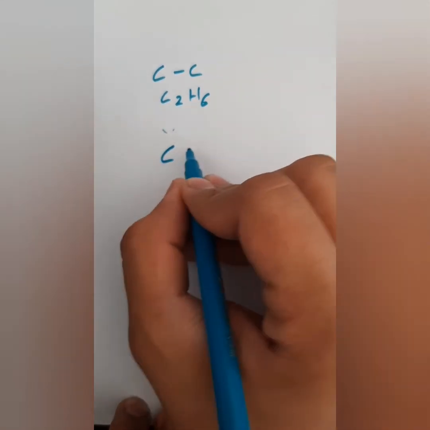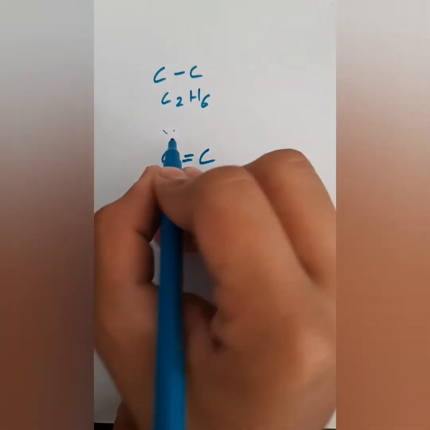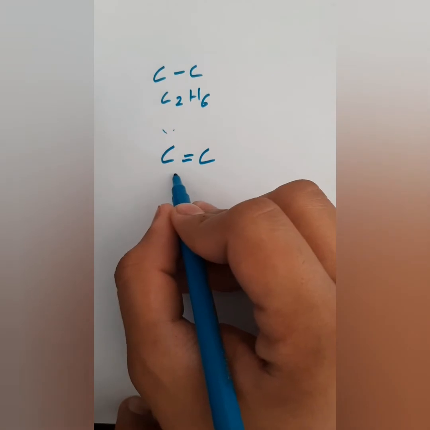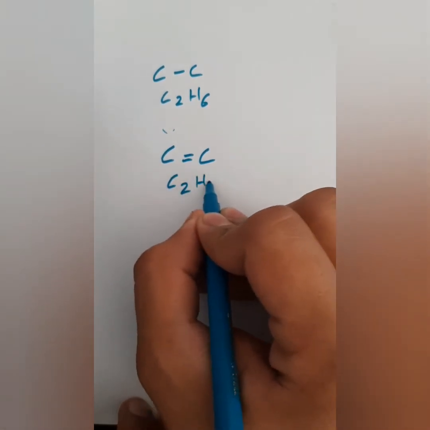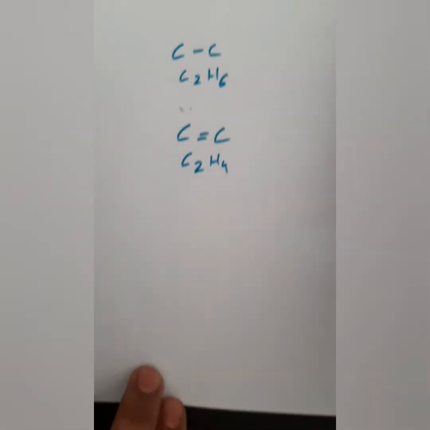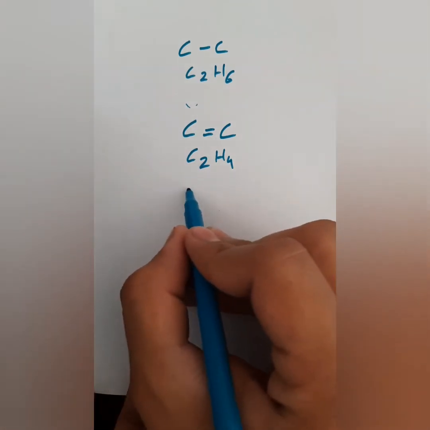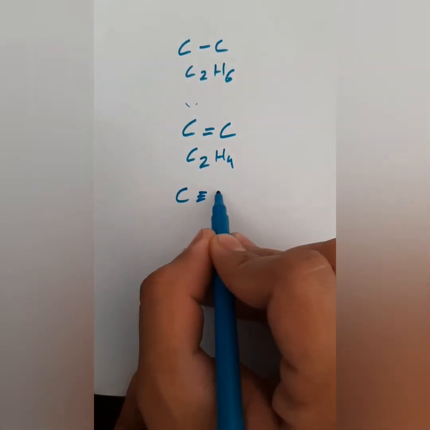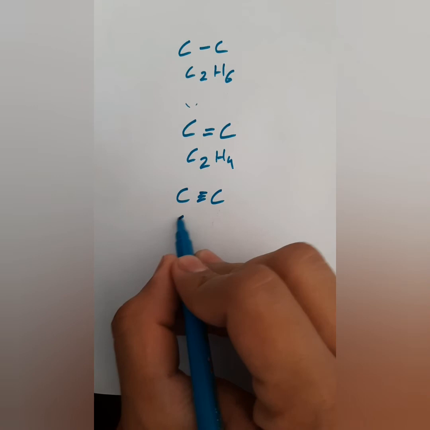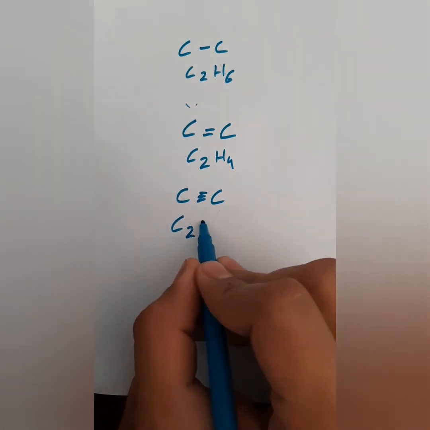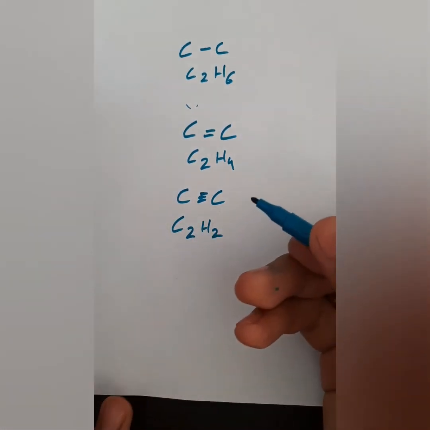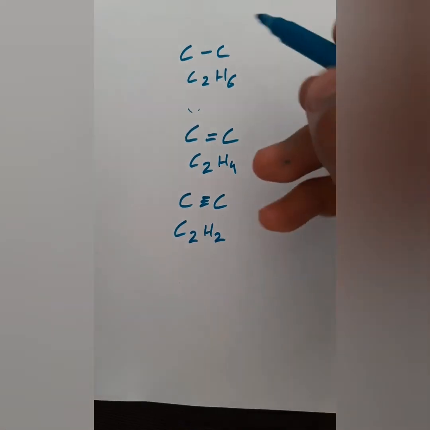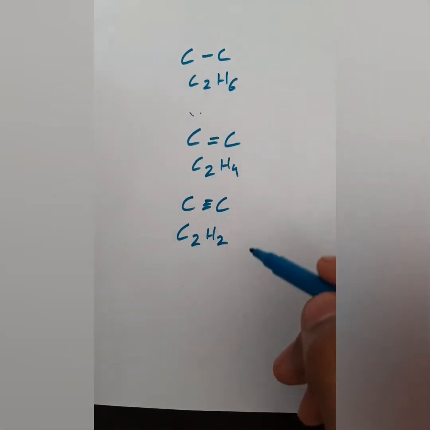So it is C double bond C, and the formula is C2H4. And if we have ethyne, C triple bond C, then it becomes C2H2.